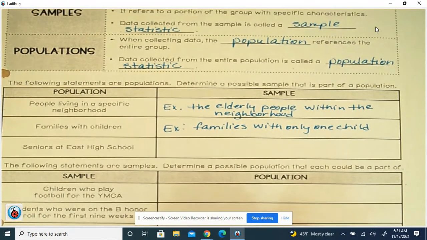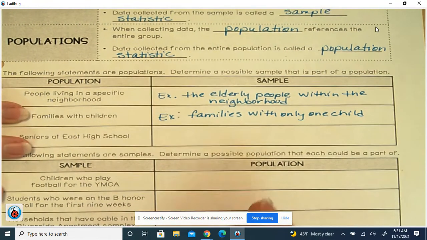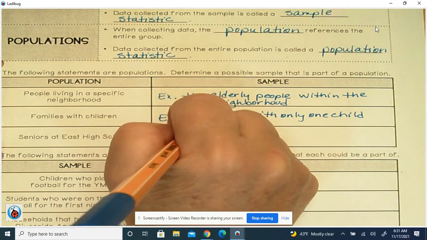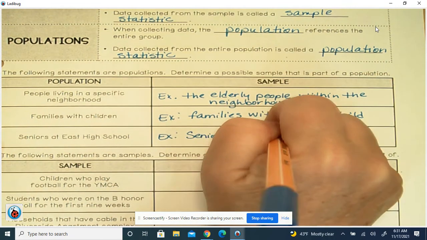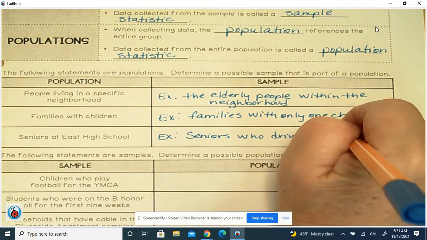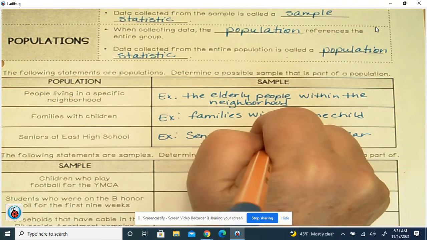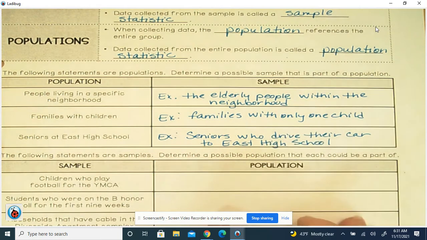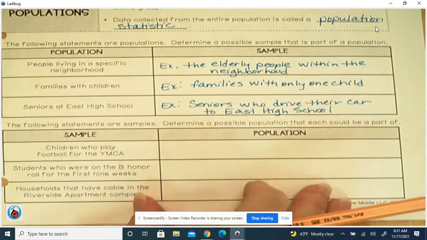Okay, if we looked at the population seniors at East High School, an example or sample of that could be seniors who drive their cars to East High School. All right, that's populations, and then the data collected is the population statistics.